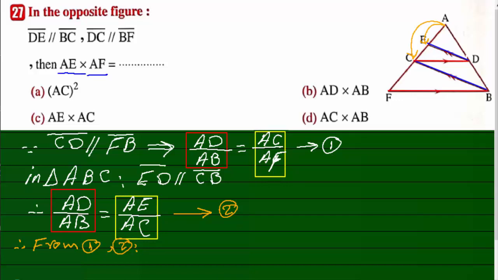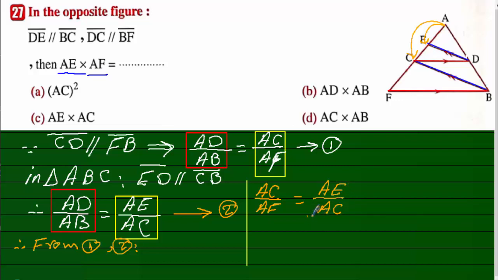And we write from 1 and 2, we get AC over AF equals AE over AC.